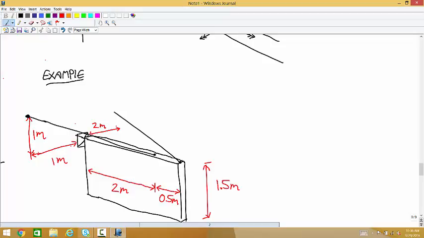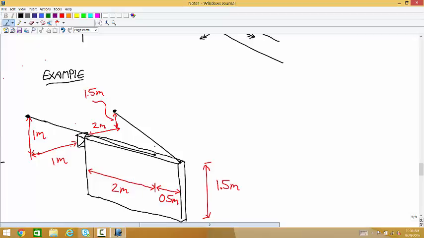And the height from here to the connection is 1.5 meters. Yeah. And that is all we need, I believe.